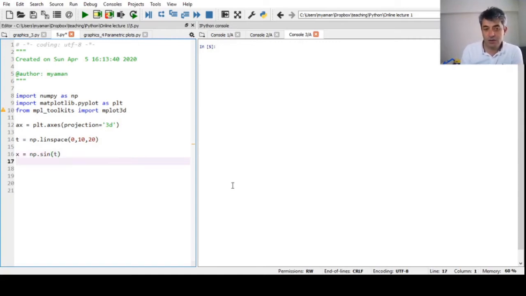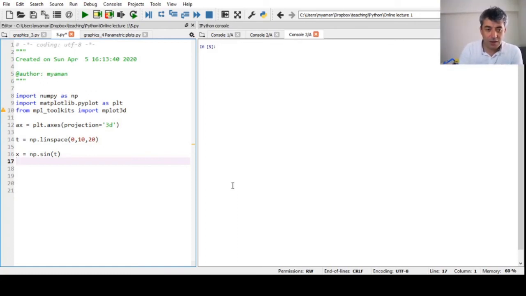Because t goes from 0 to 10, remember, one period is 2 pi radians, so 10 is more than 6.28. We are talking about a cycle and a little more, but not 2 full cycles for the x coordinate.